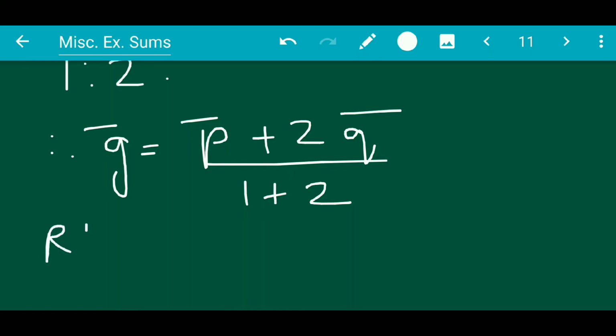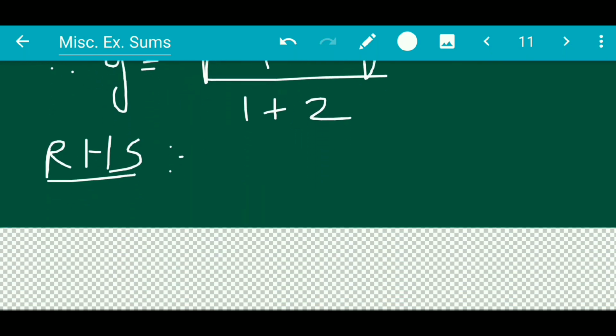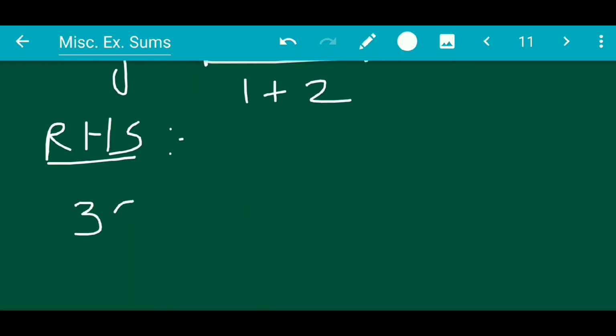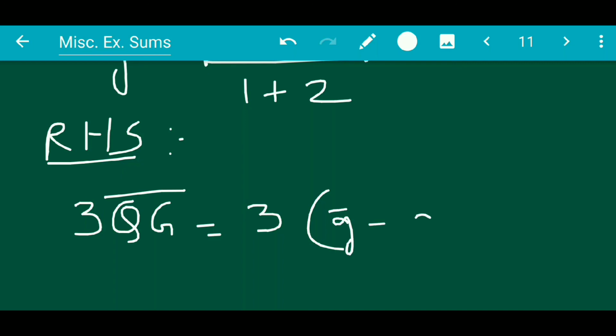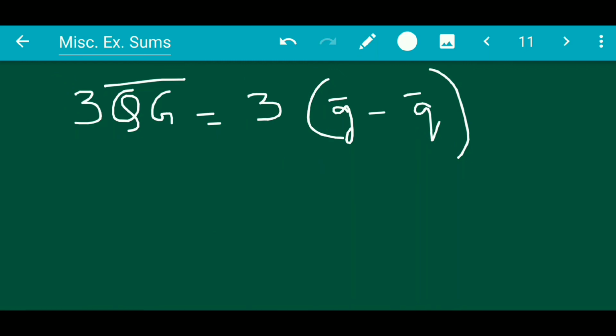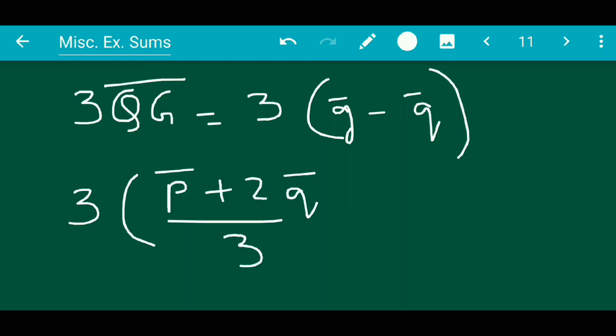RHS, we have 3 QG bar, which in position vector form is 3 into (G bar minus Q bar). And G bar, just now we saw, is (P bar plus 2Q bar) upon 3, and minus Q bar is there already.